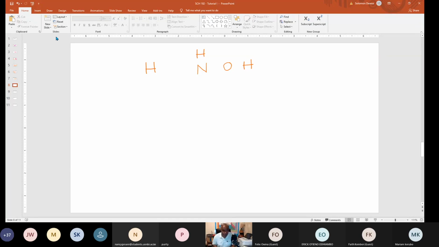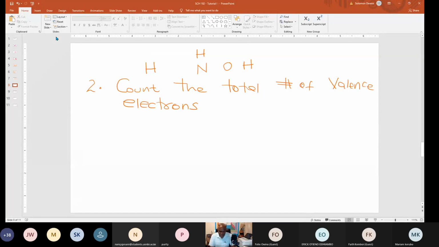Step two is count the total number of valence electrons. You have to count the total number of valence electrons. And to know the valence electrons in a particular element, you need to know its position in the periodic table.